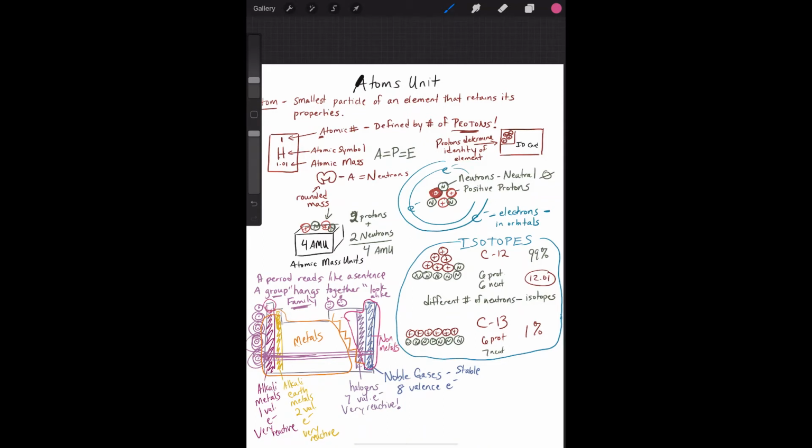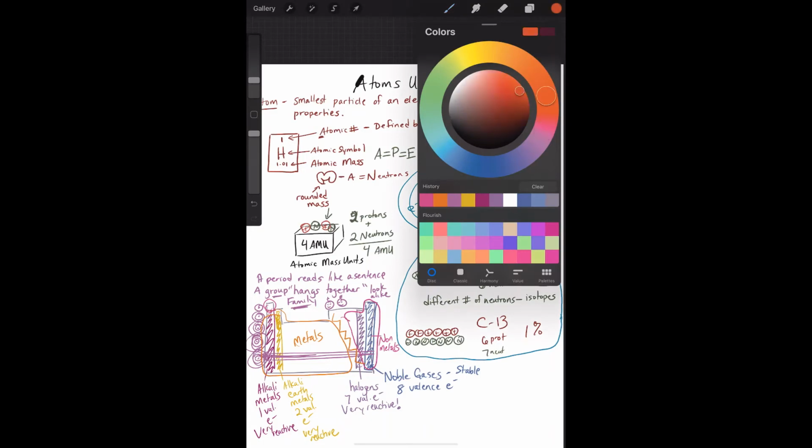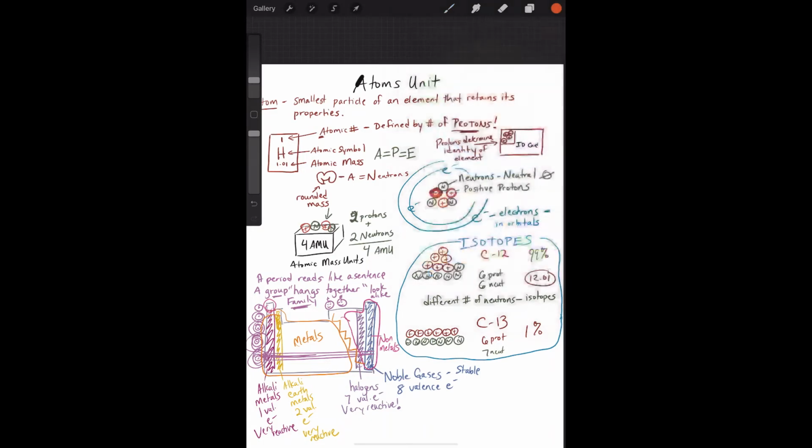And in the middle, of course, we have our semimetals or metalloids. They have properties of metals and nonmetals.